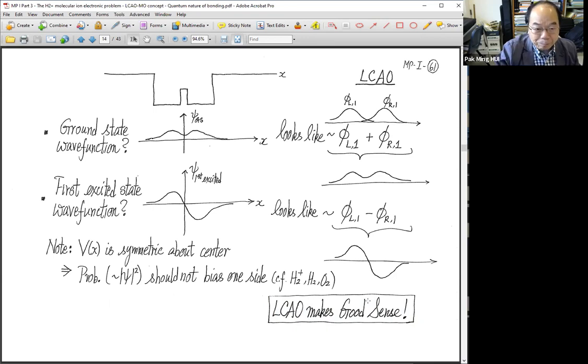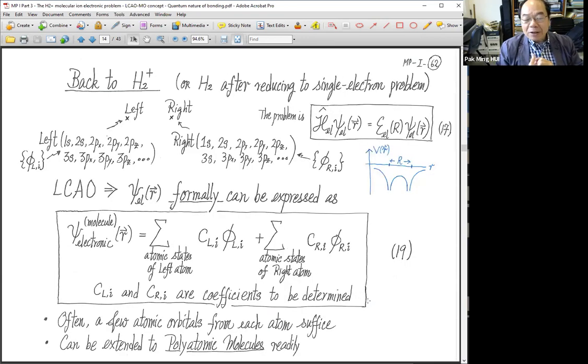All right, let's get back to our H2 plus discussion. So we have a hydrogen atom, atomic states on the left-hand side. We solve the hydrogen problem. We have 1s, 2s, 2p, a lot of them.